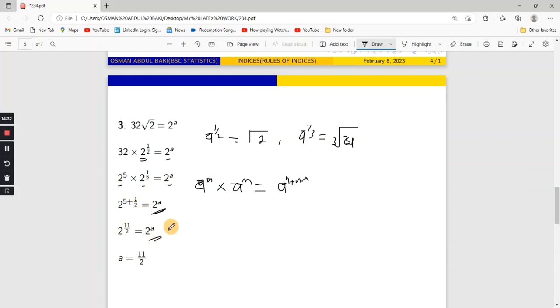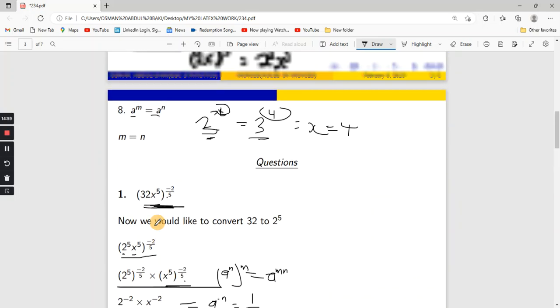And remember this is property 8. When the bases are the same and they are equal, you just equalize the exponents.